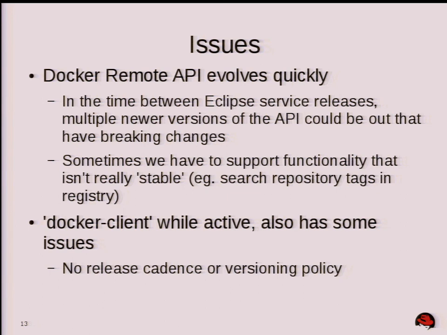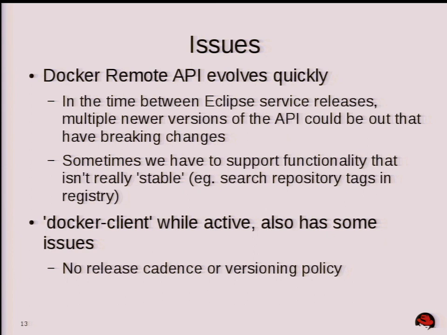But by the time a point release for Eclipse rolls around, before that, there's newer versions of the API that have been released, and they could potentially break us when users update. So the only alternative is essentially we fix it in our nightlies and have users get it, or we need to migrate to a different kind of release schedule. So that's been one of the main issues, just supporting the latest Docker remote API.